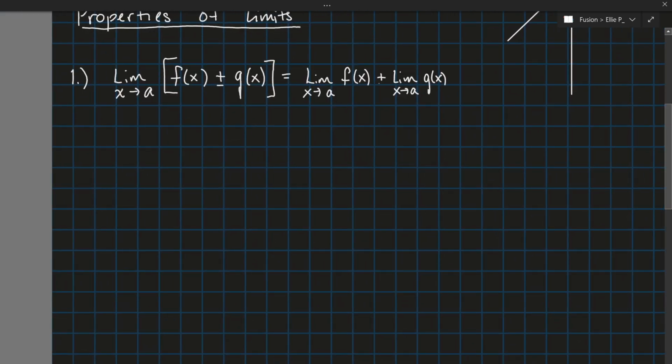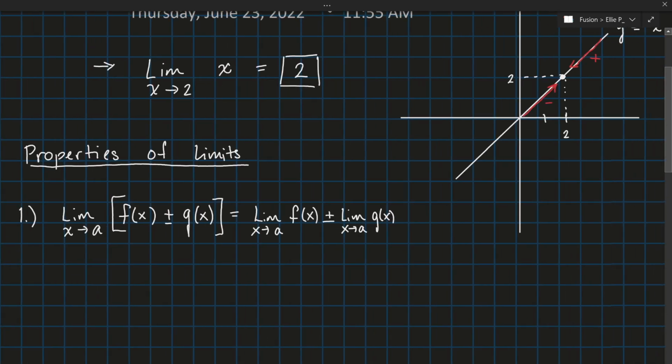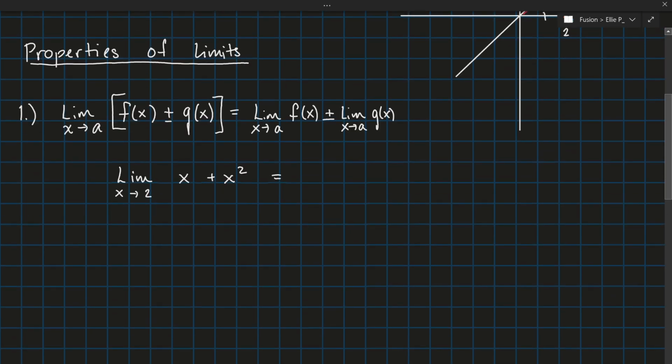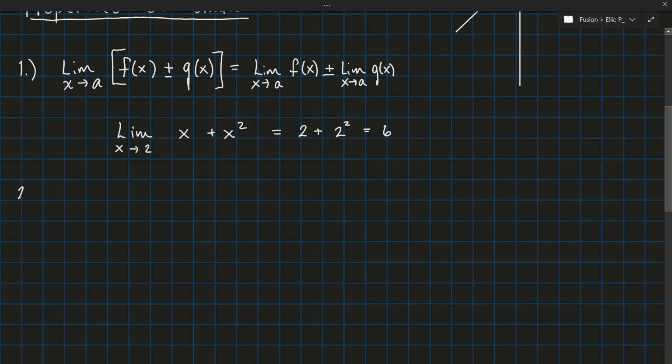So basically, you can just take the limit as each one goes to a individually. But what that means in practice is, if this was the limit as x goes to 2 of x plus x squared, then we could just literally plug in 2 for each of them. So it would be 2 plus 2 squared, so 6. Okay.